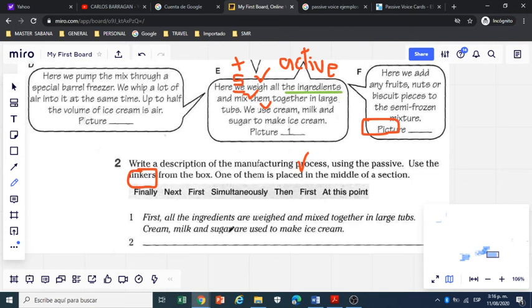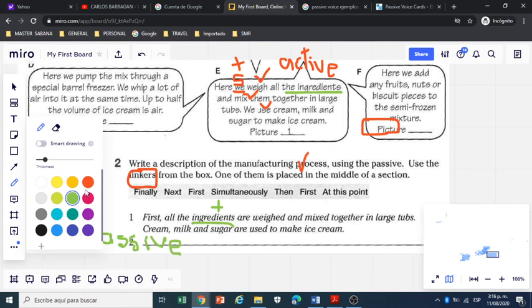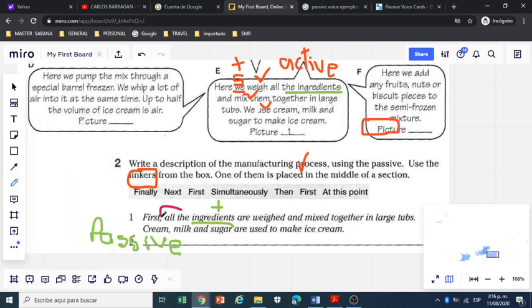But in passive voice, this is the opposite. Look at the difference: the ingredients are the most important part in the sentence. Now we are going to use the passive. What is the construction of the passive? We need the subject. Which is the subject? All the ingredients, the most important part in the sentence.